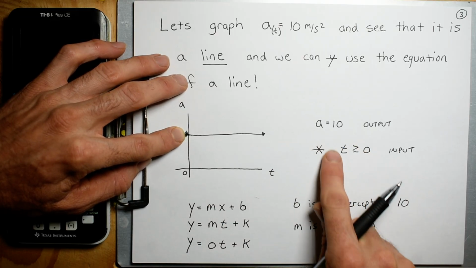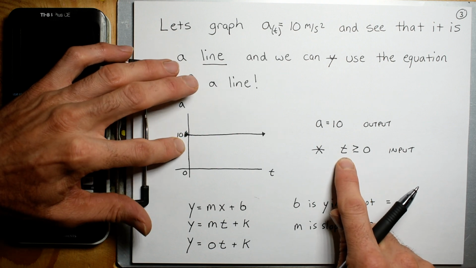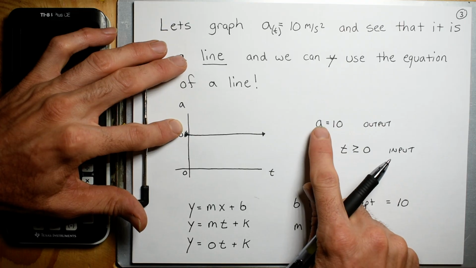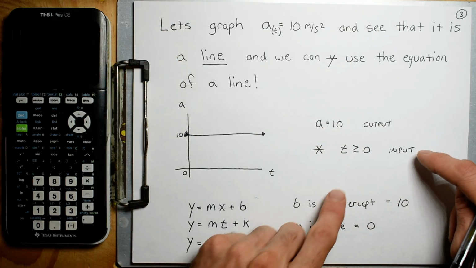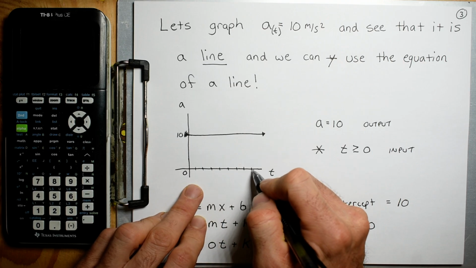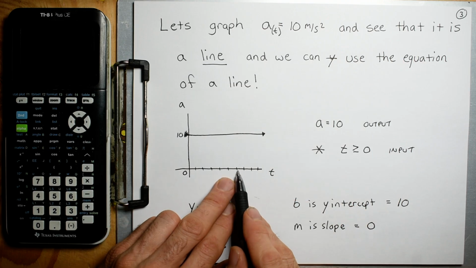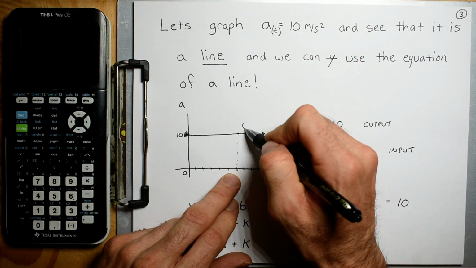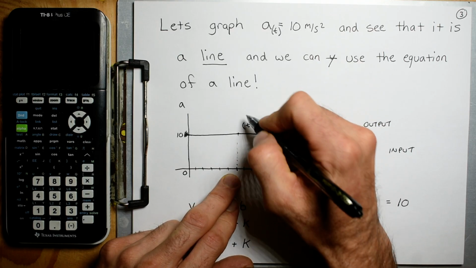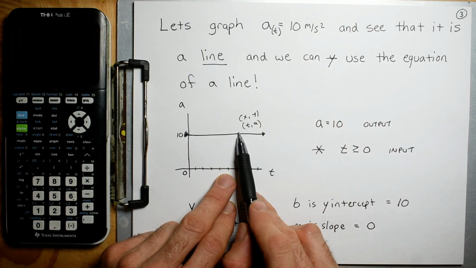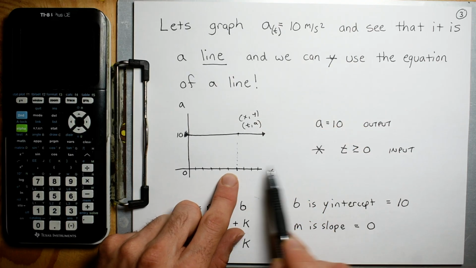So time can be any value greater than or equal to 0, and the output, the acceleration, is 10. This is my input. I can come anywhere along this axis, choose this value, and then come up here, very similar to x and y, and that's the value at this input.